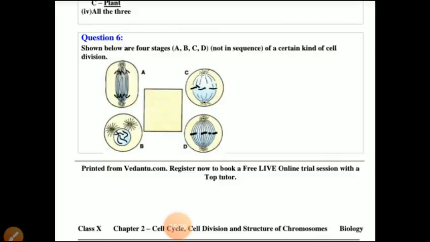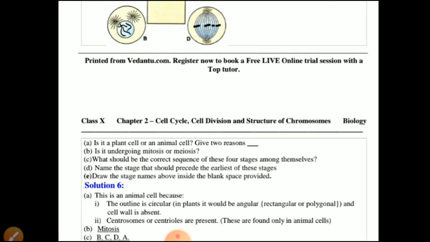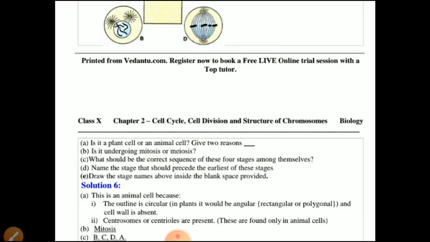Question number 8 from your textbook. Shown below are 4 stages A, B, C and D, not in sequence, of a certain kind of cell division. Question A. Is it a plant cell or animal cell? Give 2 reasons.